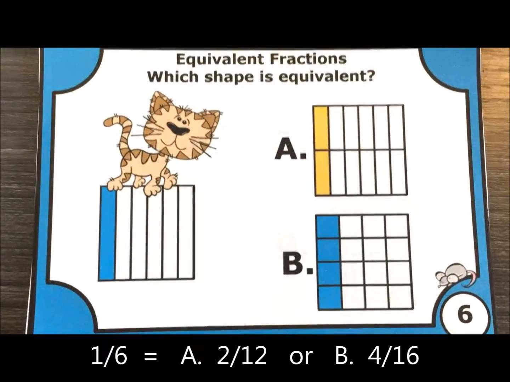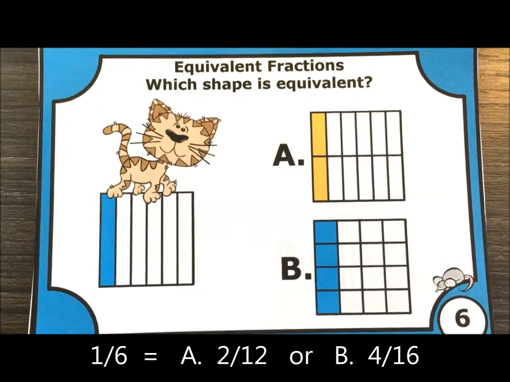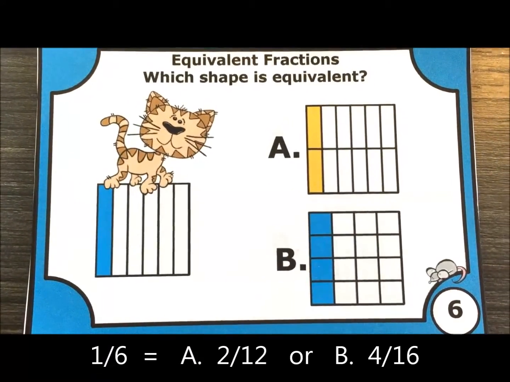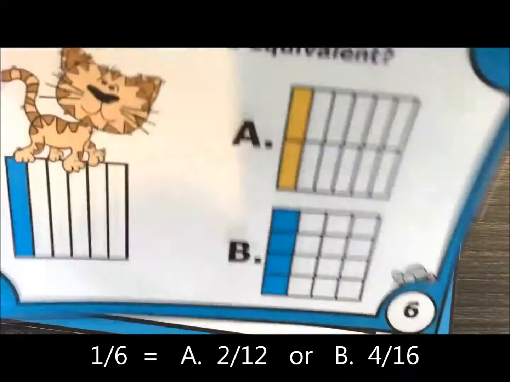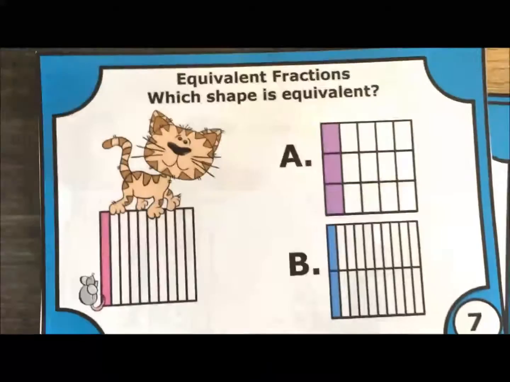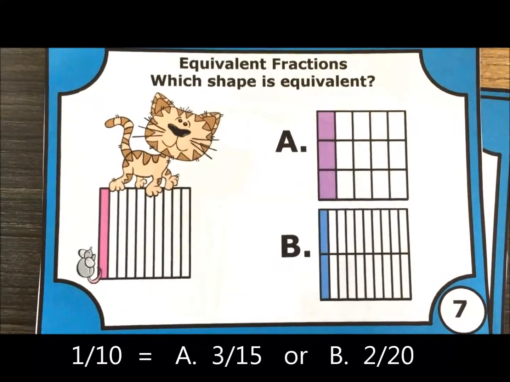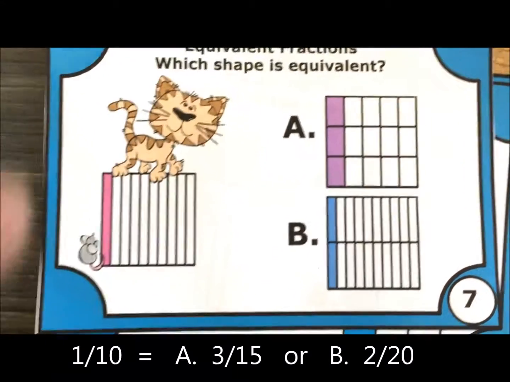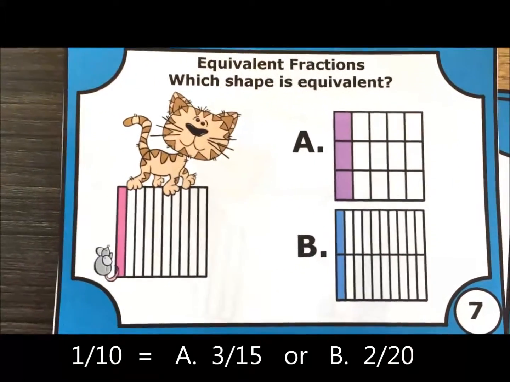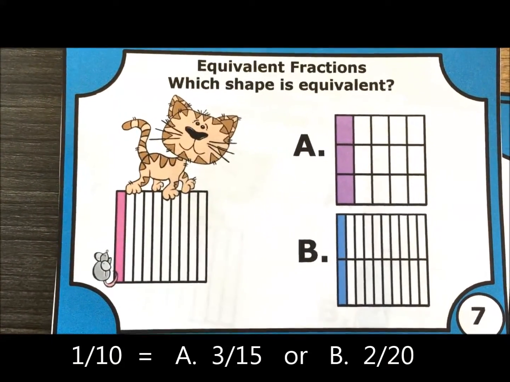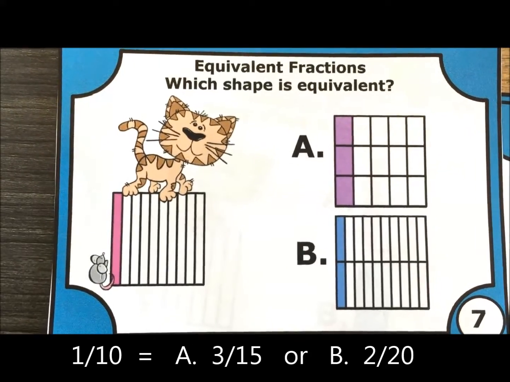Which shape is equivalent? A or B? Number 7. Which shape is equivalent? Here's our original one. A or B has the same size of shaded amount. Which shape is equivalent?